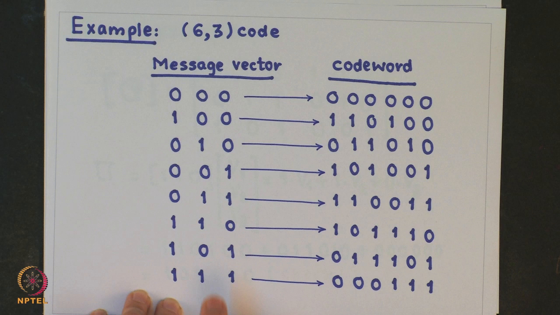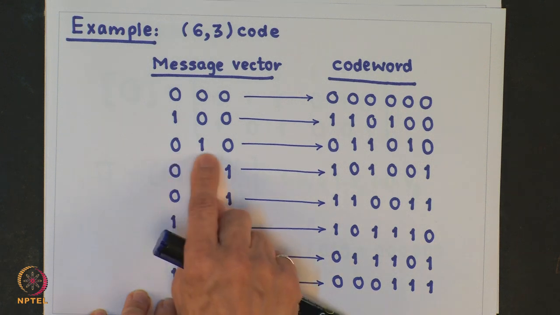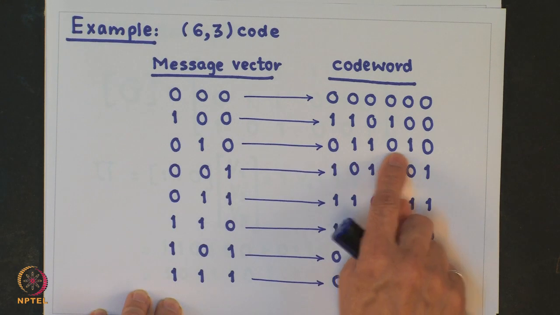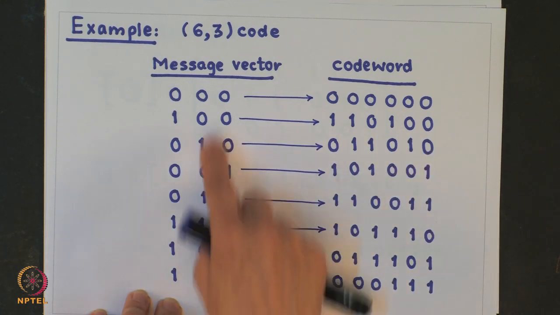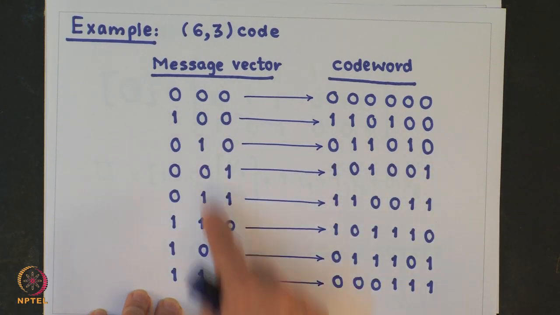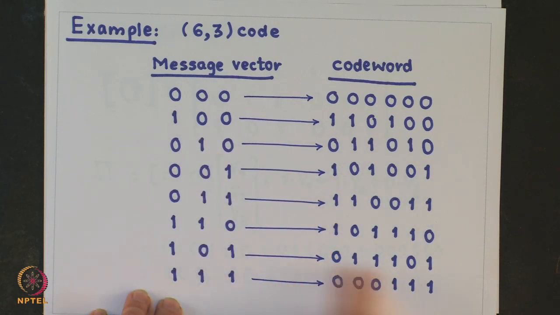If you look at these message vectors out here and if you look at the code words, we see that these 3 message bits appear at the end of the code word here. Similarly, 0 1 0 appears at the end of the code word here, and this is true for all the message vectors and the corresponding code words.